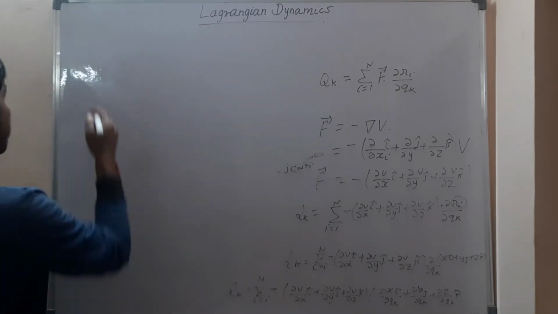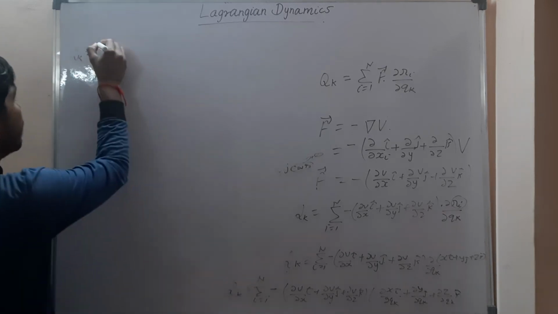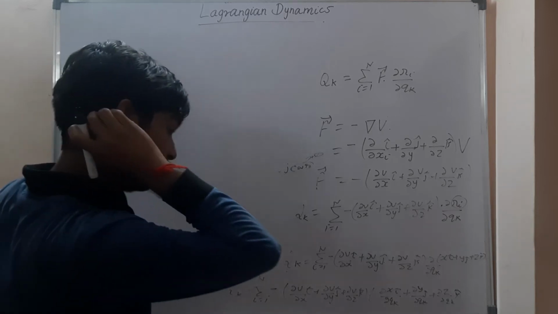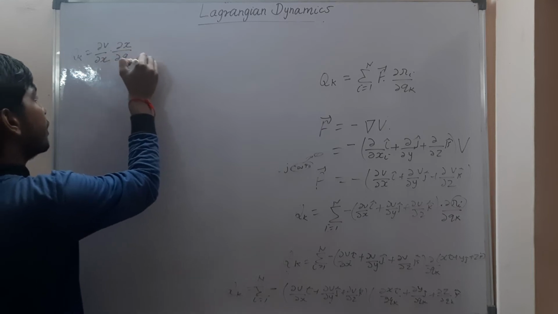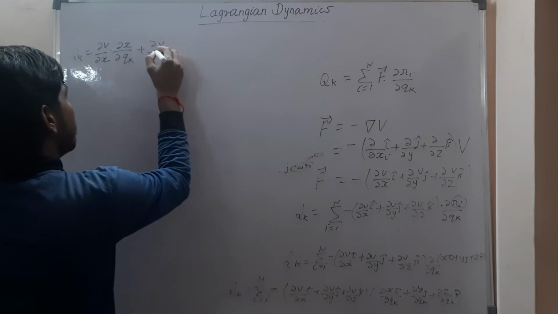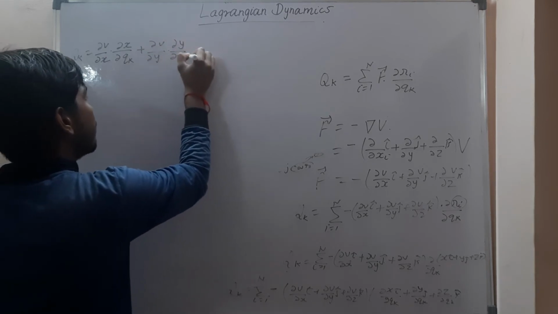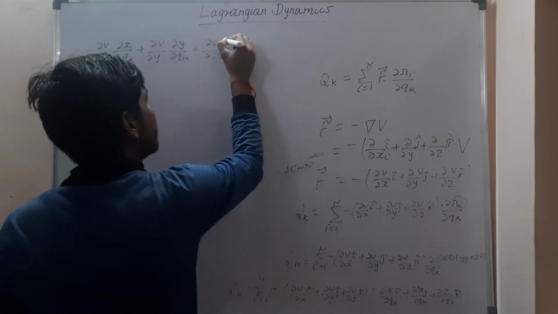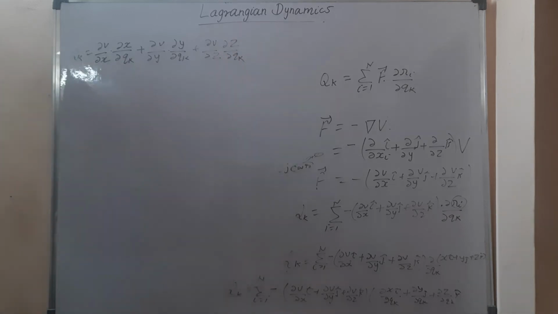So in this equation, if we see qk, this will be del x by del qk, plus del y by del qk, plus del z by del qk.